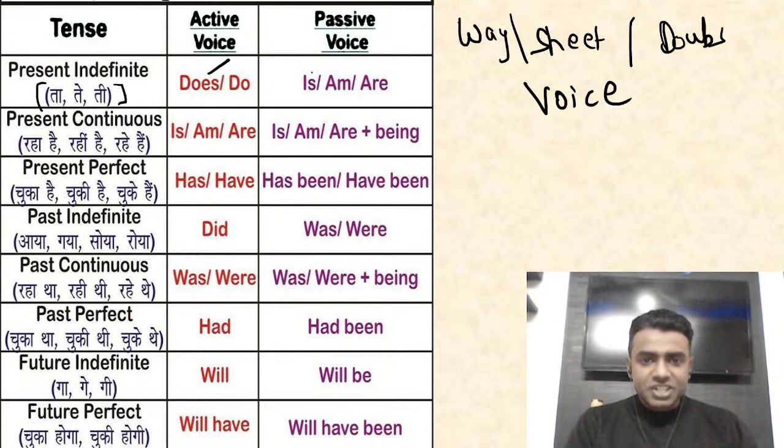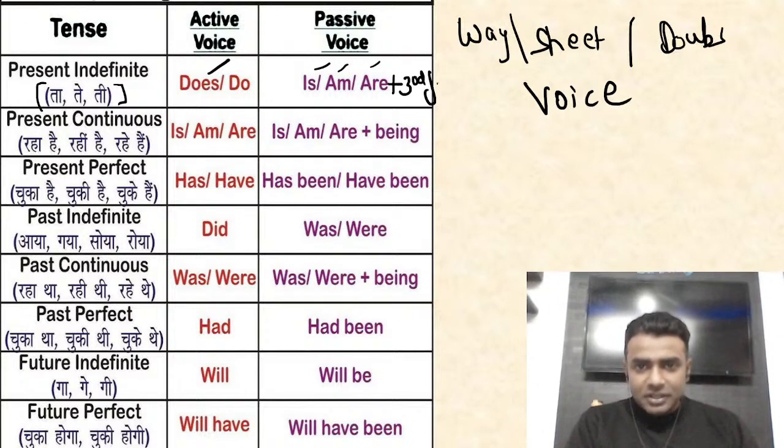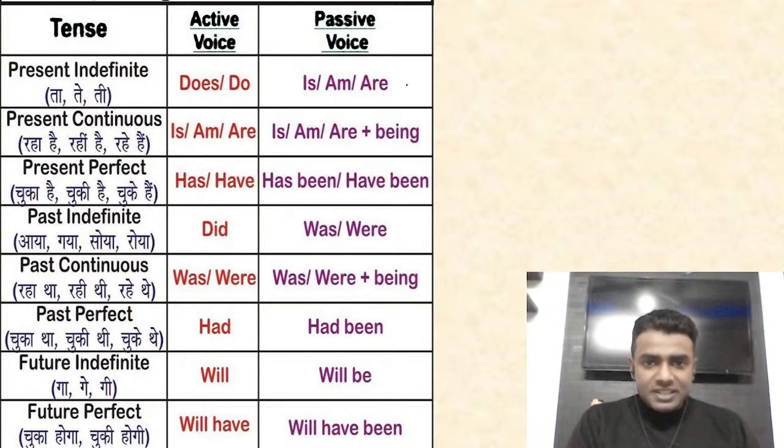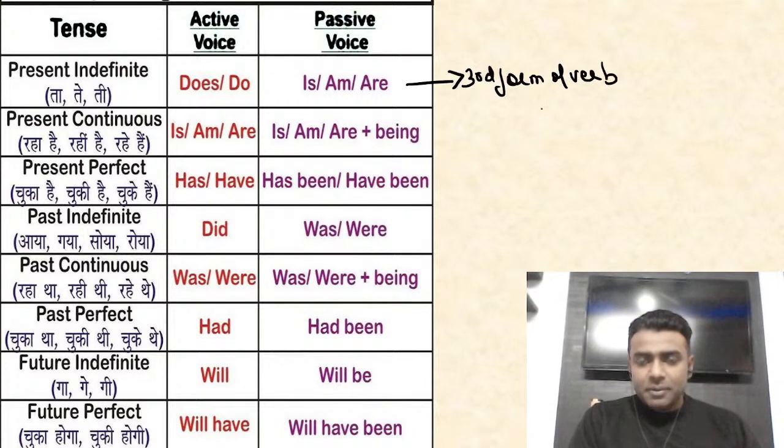Do and does change into is, am, are plus verb's third form. Keep noting this. Is, am, are change into is, am, are plus being. Again the same thing, third form of verb.